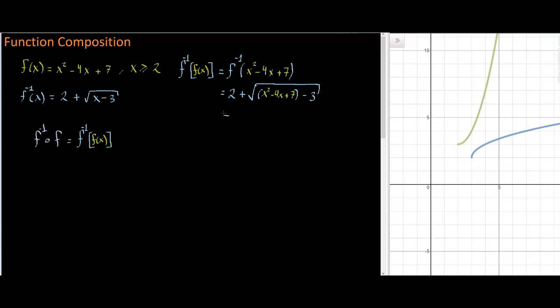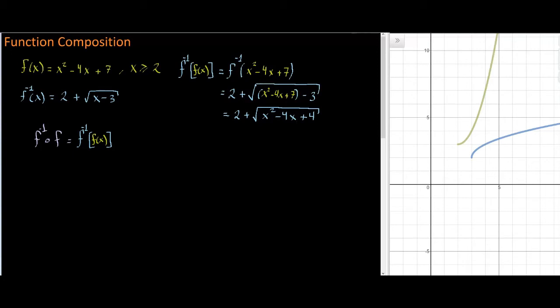And let's work this through. So this is 2 plus the square root of x squared minus 4 times x, and this positive 7 minus 3 would be a positive 4. I'm going to close this root.